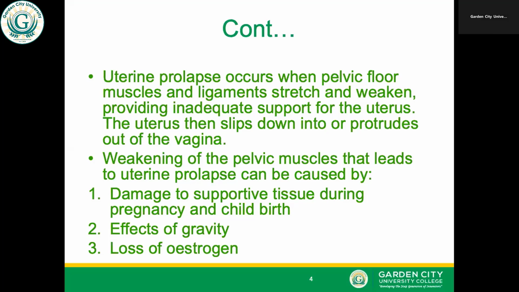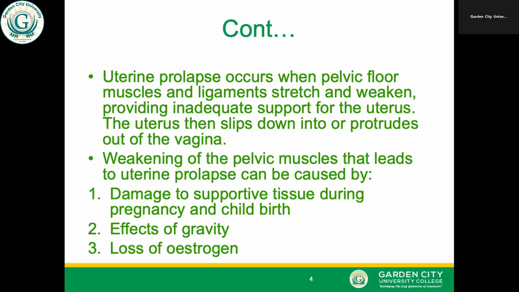And it can be caused by damage to supportive tissues. When the round ligament, the broad ligament, and other tissues become damaged, the uterus no longer receives that support from the other ligaments, then it tries to sink down or protrudes.